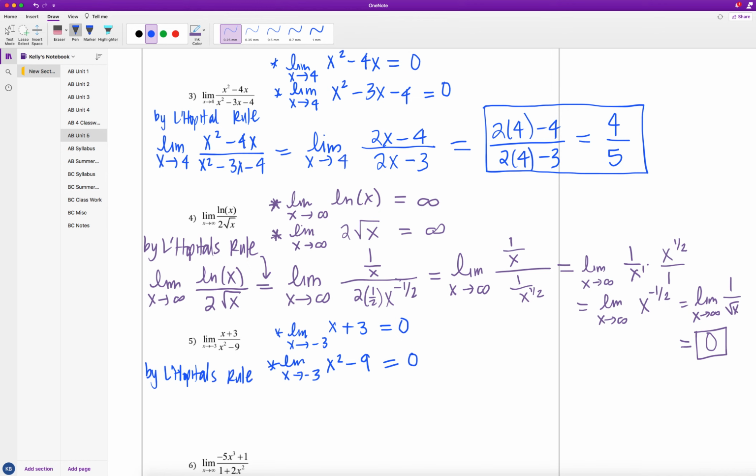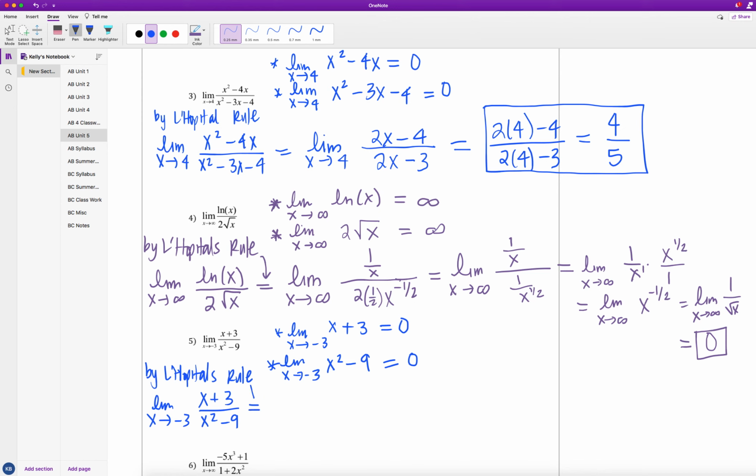And what L'Hopital's rule tells me is that instead of looking at my original limit, which was the x plus 3 over the x squared minus 9, since the limit of the numerator was equal to 0 and the limit of the denominator is equal to 0, we have this indeterminate form of 0 over 0.